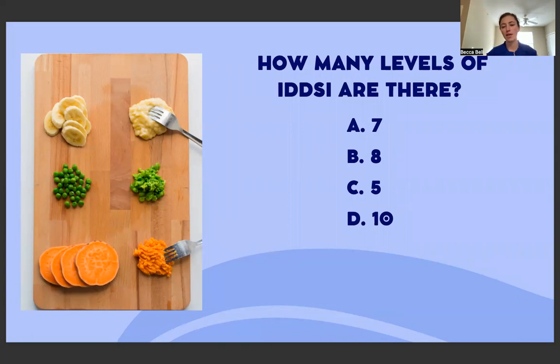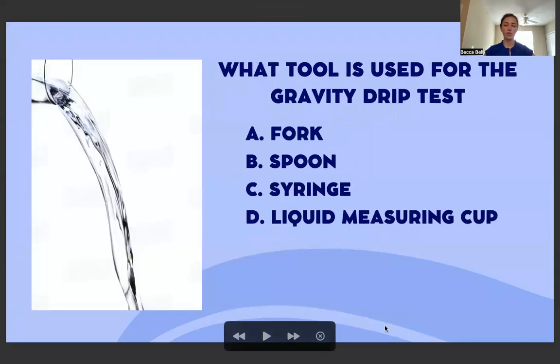Remember, with that pyramid picture, we have thin starting off at level 0, and then it goes all the way up to level 7 of the easy to chew foods. What tool is used for that gravity drip test? C, syringe is correct, because you want it to be filled up to that 10 milliliter mark on the syringe.